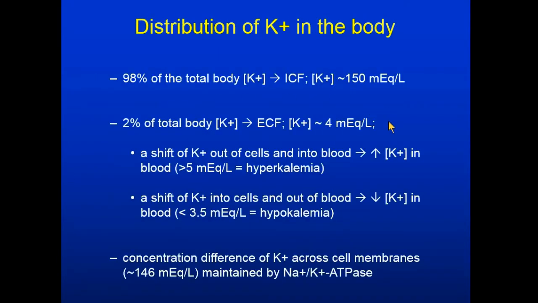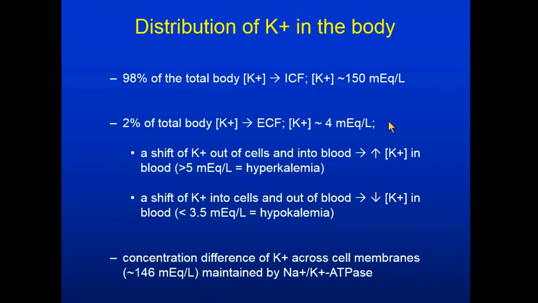Did you remember that most of potassium ion in the body is inside cells? Only 2% of total body potassium is extracellular, and the concentration is closely regulated at about 4 milliequivalents per liter. Movement of potassium ions out of cells can increase the concentration of potassium ion in the blood.